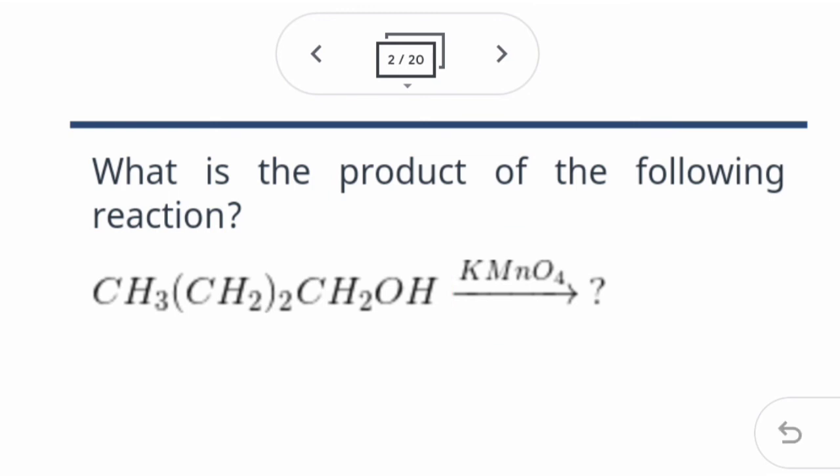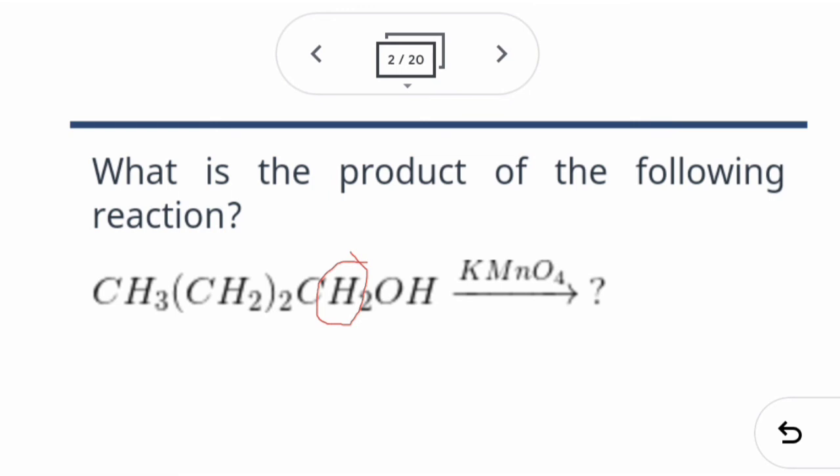Now let's look at this alcohol that we have here. This particular alcohol is a primary alcohol. So we know that if you react a primary alcohol with a strong oxidizing agent, you're going to form a carboxylic acid. So basically this reaction is just converting this primary alcohol into a carboxylic acid. To write the answer, we need to remove these two hydrogen atoms right here and replace them with an oxygen atom.